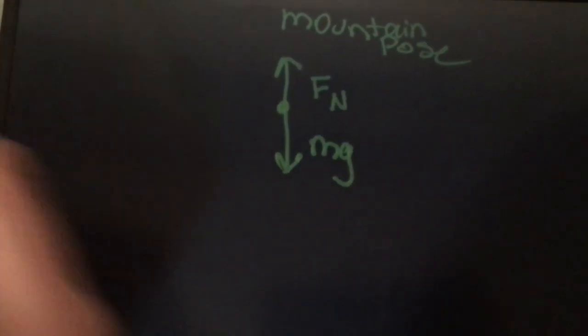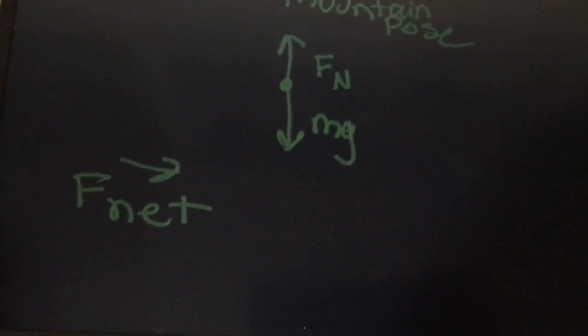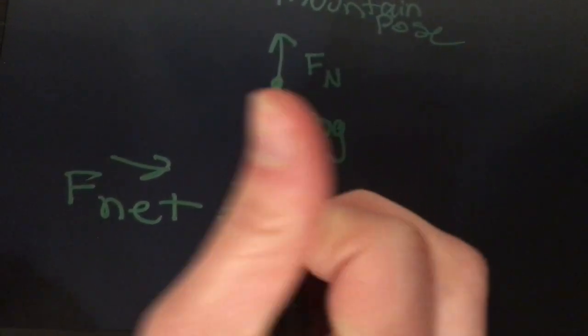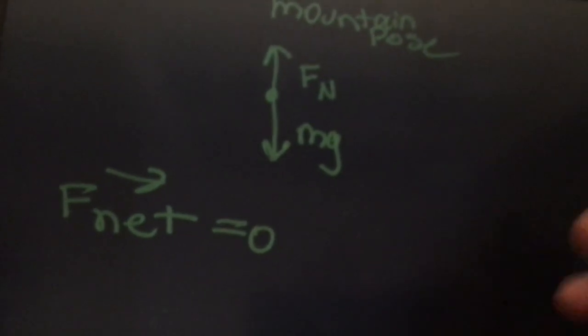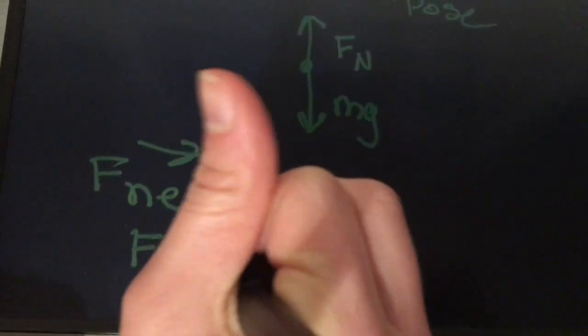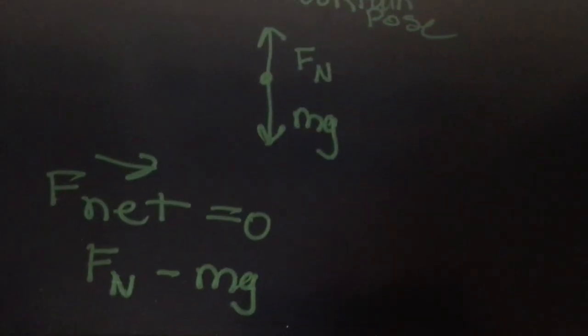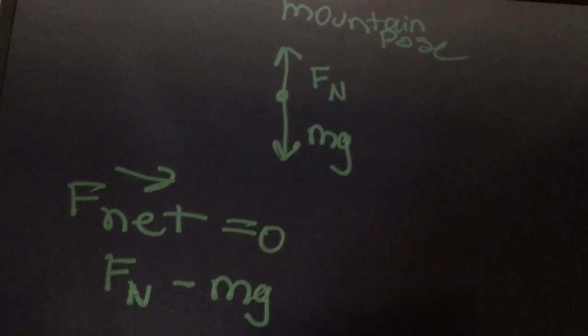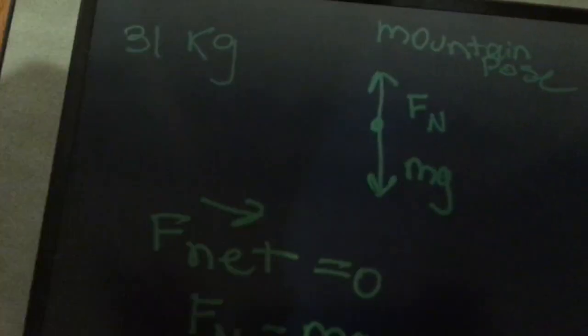So now we need to solve for the F net. So F net is going to have to equal 0 because this is in static equilibrium. So how do we solve for the F net? We are going to be doing force normal minus mg. So let's put some numbers to this. So let's say our person weighs 31 kilograms, okay?